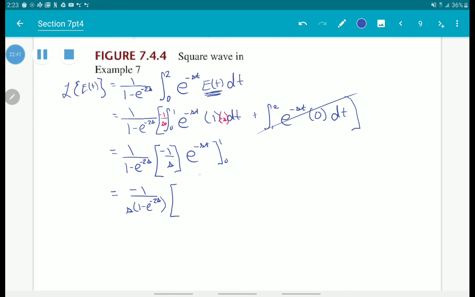So if we substitute in 1, we're going to have e to the negative s. If we substitute in 0, we're going to have e to the 0, which is 1.